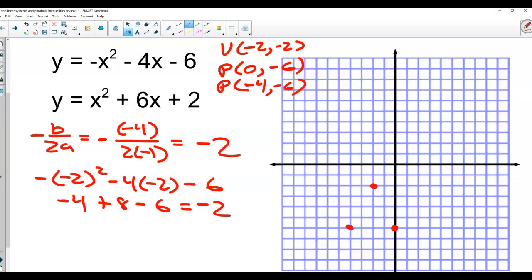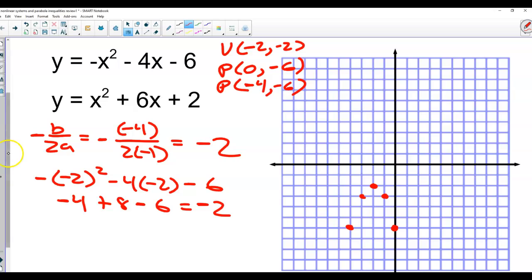So if I were to plug negative 1 in for x, negative 1 squared is 1, and it's a negative 1. Negative 4 times negative 1 is 4. So negative 1 and 4 is 3. 3 minus 6 is a negative 3. So negative 1, negative 3, and negative 3, negative 3 is another point on my parabola. It's good to get some of those extra points in there.